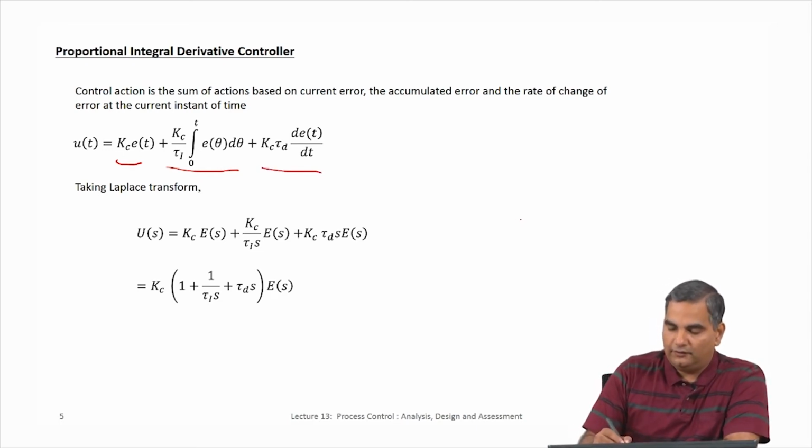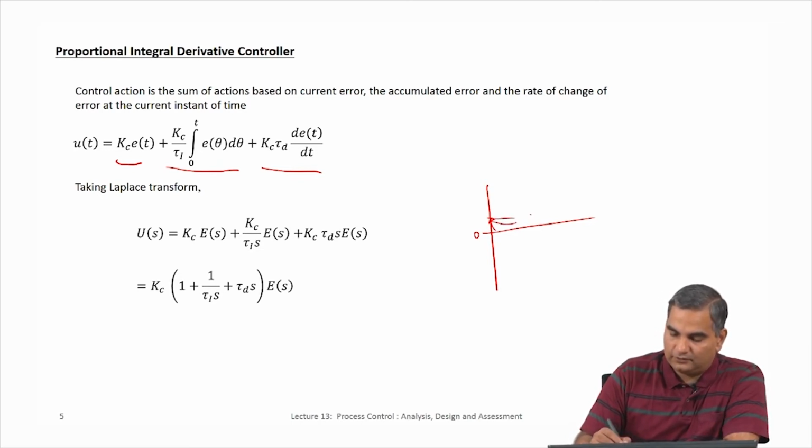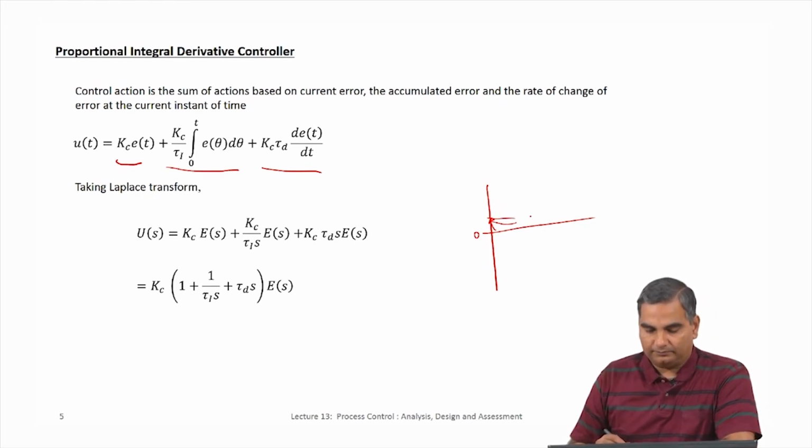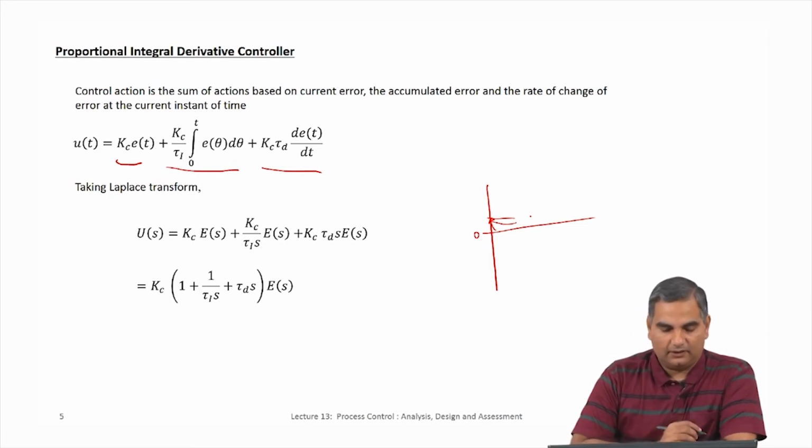So, if this is a 0 line, and supposing I am here, with error somewhere near 0, how fast I am dropping also matters. This is the rate at which this is dropping. So, I am going to make this proportional to the rate at which the error is increasing or decreasing.